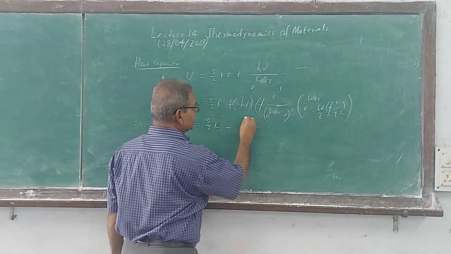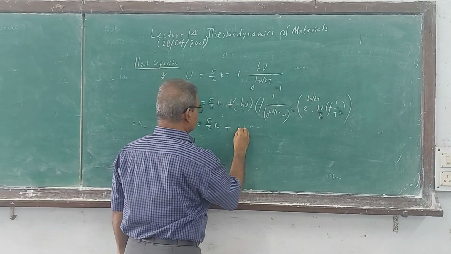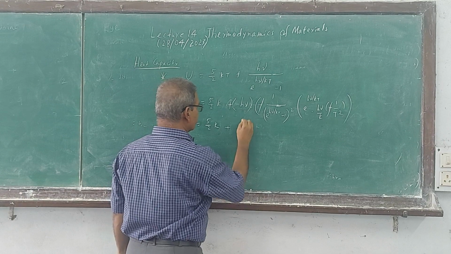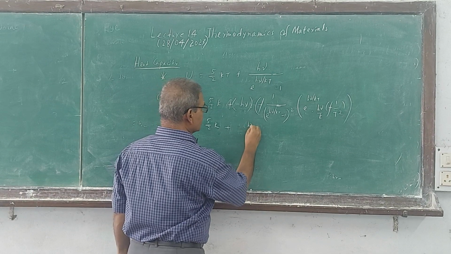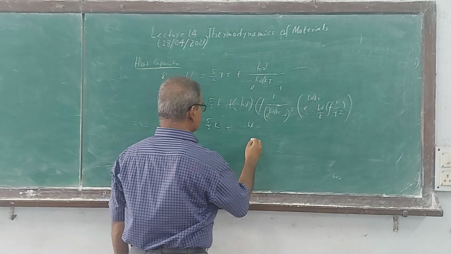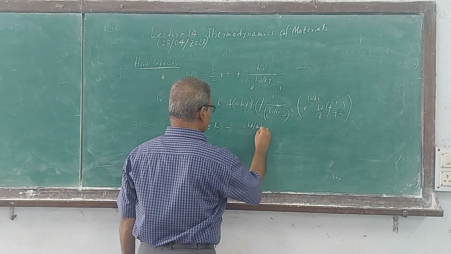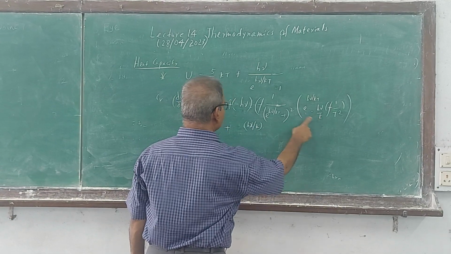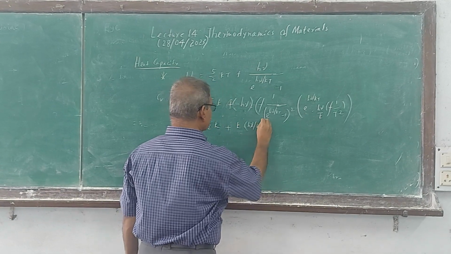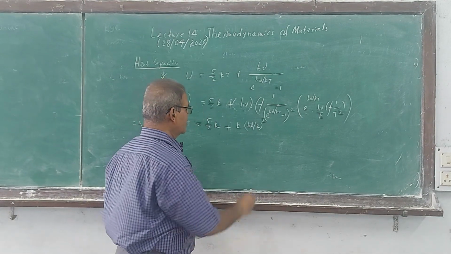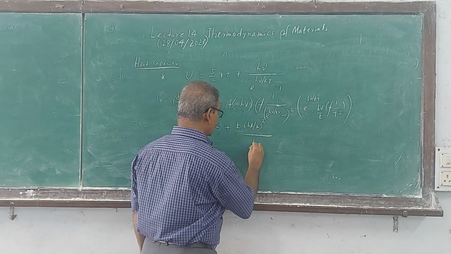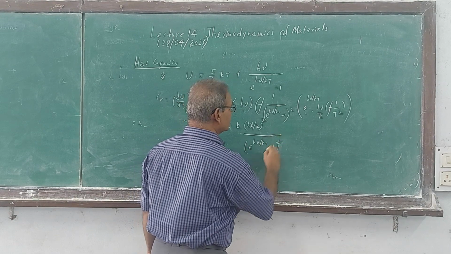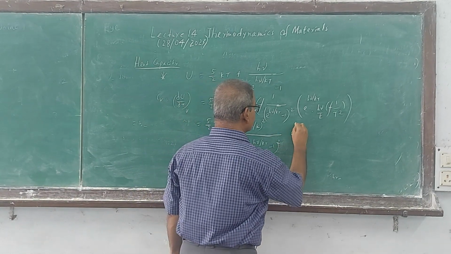So do one thing. Look, this h nu by k, I am writing this is by k, this is by k, so k times, you take a look, this is correct, divided by e to the power h nu by kT minus 1 squared, and then what remains? e to the power h nu by kT.